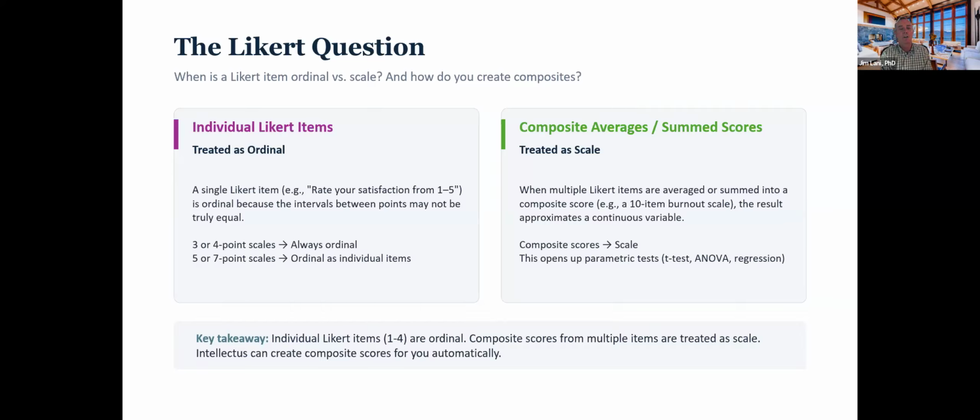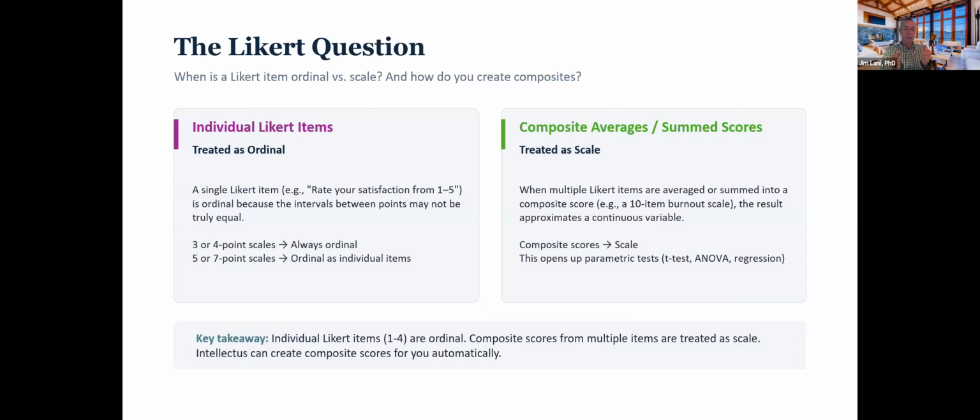Once you start to average Likert type items, be it 3, 4, 5 or 7, once you average them or sum them, we are now in scale land, okay? And if you think about a test you took as a kid, you got it correct or incorrect, that's a nominal level variable.